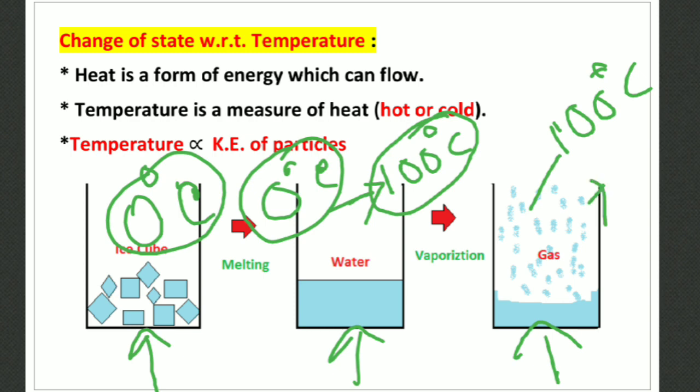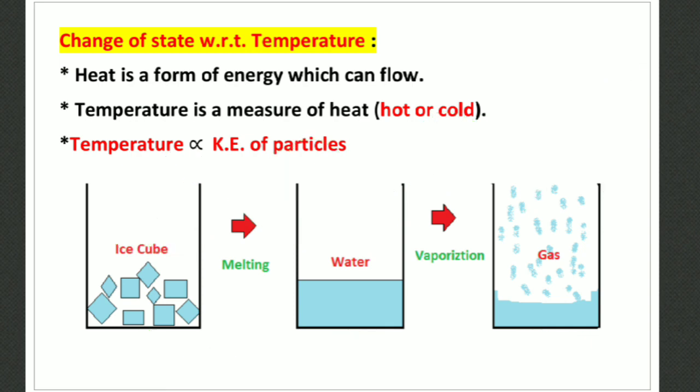Now we are giving heat to this beaker 3 times, 1, 2, 3, but temperature change takes place only 2 times. That means only 0 to 100 degrees Celsius. So now the question is, where does this heat energy go?